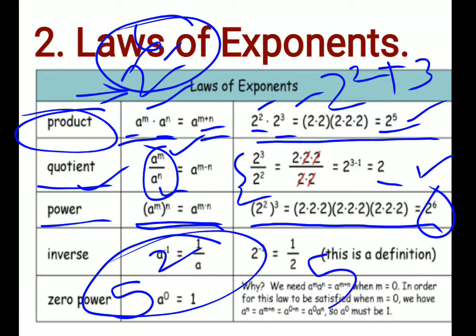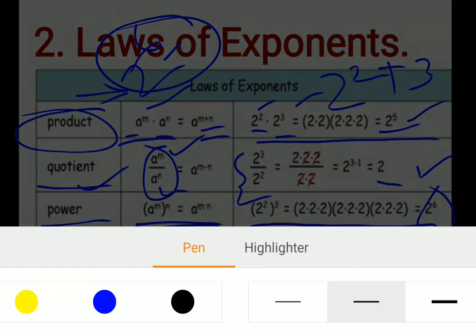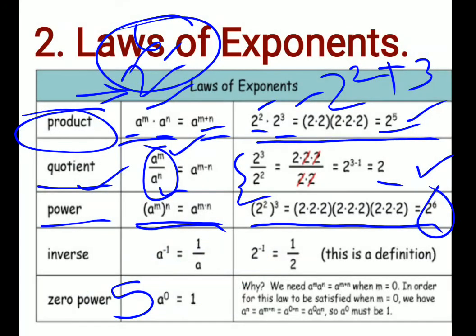Suppose you have 5 to the power 4, then together we will say power. But only 4 singly we will not say power, 4 we will say exponent. There is a difference between power and exponent. Alright, so I hope this is clear to you all.